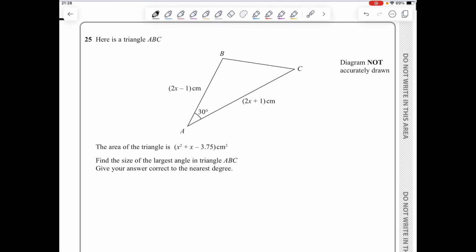For question 25, I'll start by setting up an equation using the area to find the value of x. The formula for the area is the following.